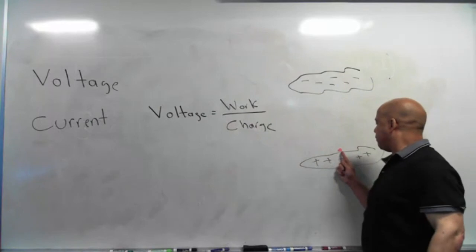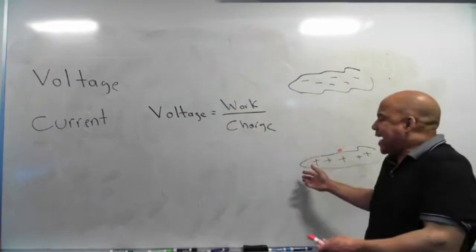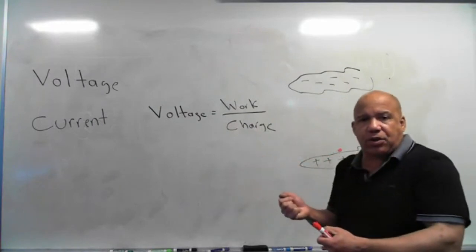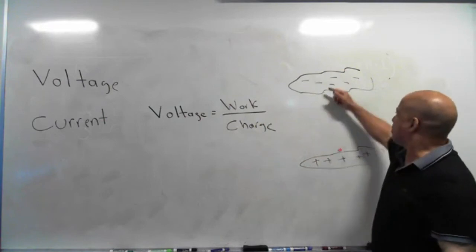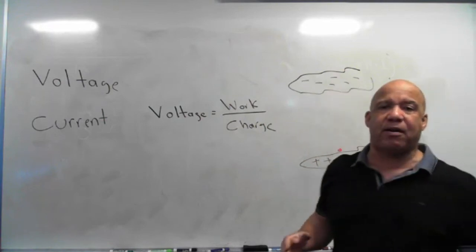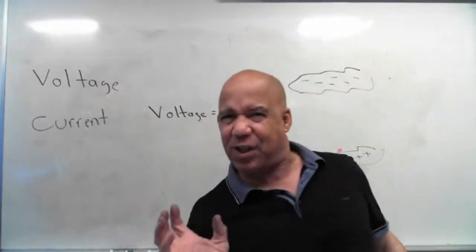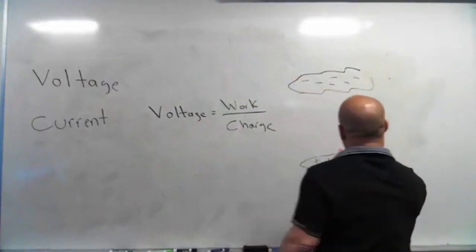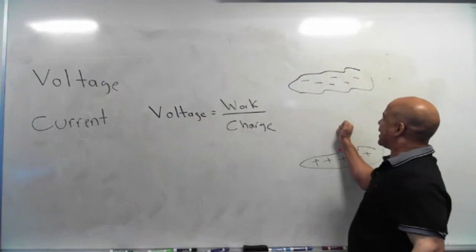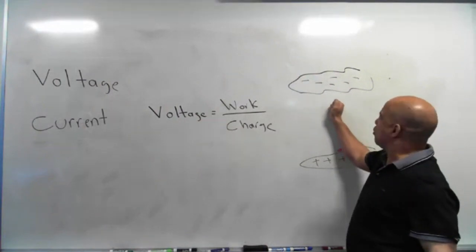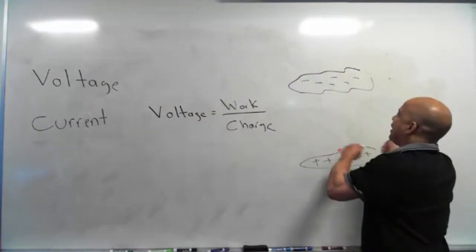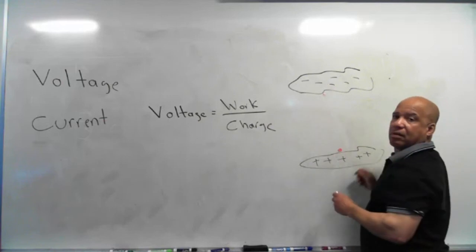The positive charges are pulling on it because unlike charges attract, and these charges are pushing it away because like charges repel, and I want to overcome that repelling force. I got to really push that electron up from here to here. That means I got to do work. But eventually, I get it there.